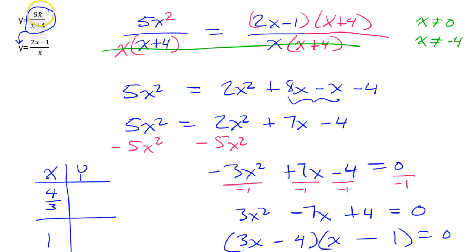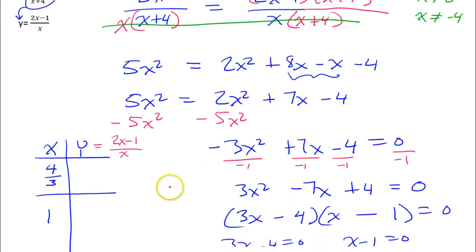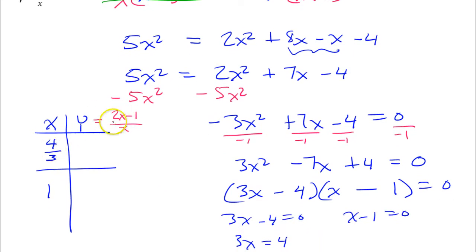I could use either one of these equations to find my y values. So I think I'll just use the bottom one. So y is going to equal 2x minus 1 over x. Now I could plug these in manually. For example, with the number 1, I could do that pretty easily, because that would be 2 times 1 minus 1 over 1.